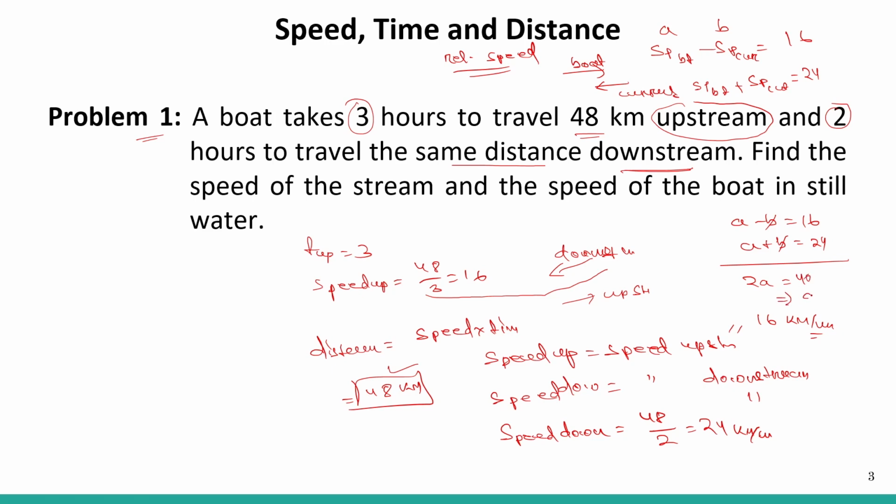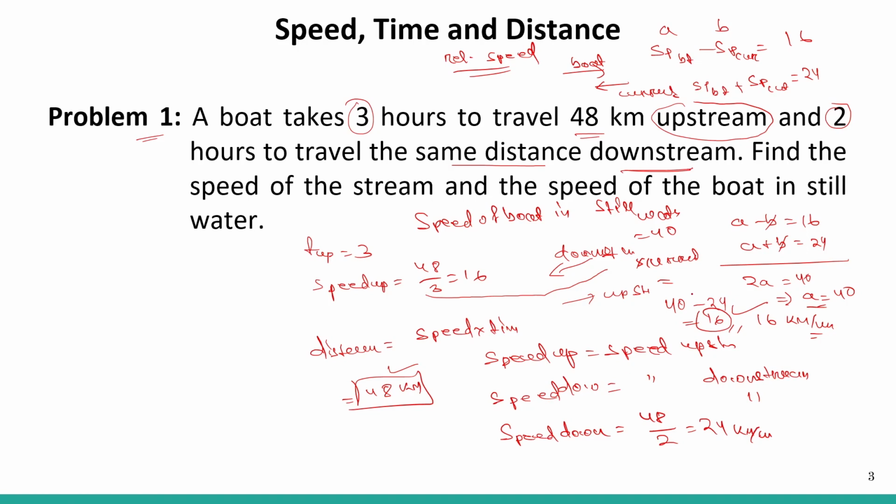So this implies that A is equal to 20. So the speed of the boat in still water is equal to 20.